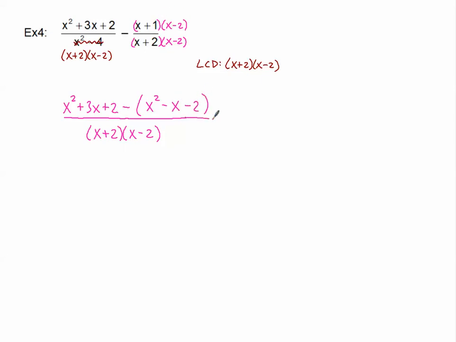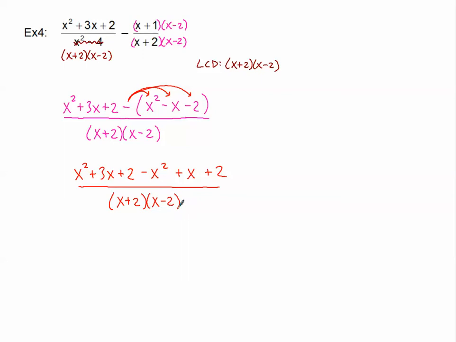But this time with the subtraction problem, I'm going to be subtracting all three parts of this numerator. So please watch out for the subtraction. So I've got x squared plus 3x plus 2, and then minus x squared plus x and plus 2. I'll gather those like terms in a minute.